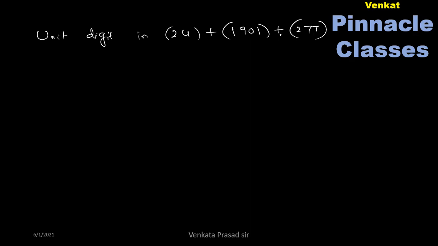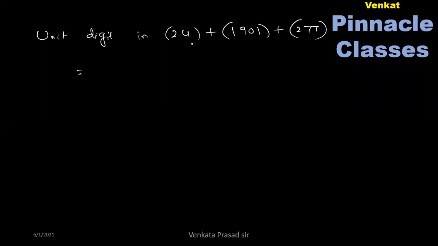Like that, see. Unit digit in 24 plus 1901 plus 277. In this case, I'm talking about summation. How to find the unit digit? In this case, there is no need to add all the numbers.